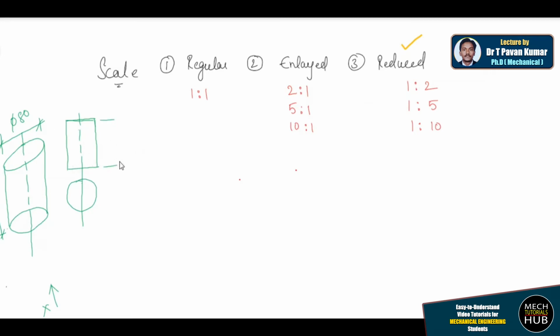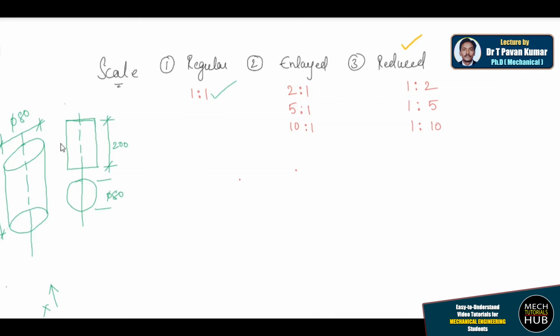Now here, this is the height, and whatever is given is 200 mm. I have taken the same height of 200 mm, followed by a diameter of 80. So I have considered whatever dimensions are given in the 3D model, the same dimensions. It means I have considered 1:1 ratio, regular scaling.